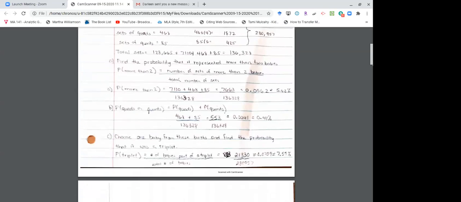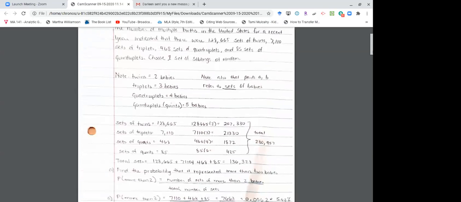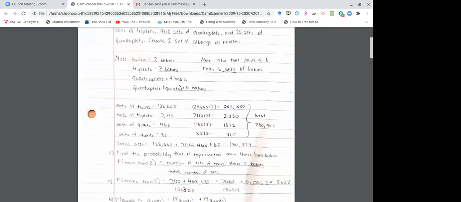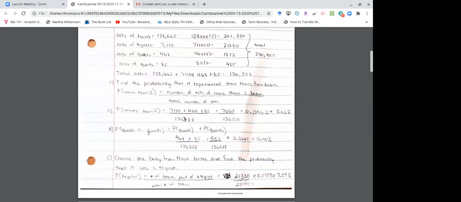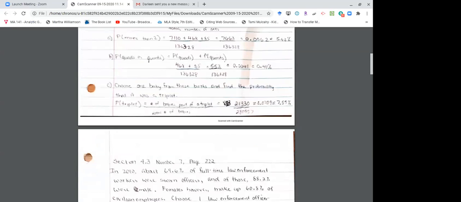So the first question is, find the probability that the pair or the set that you chose represented more than two babies. Remember, it said choose one set of siblings at random. So in part A, we want to find the probability that it represented more than two babies.